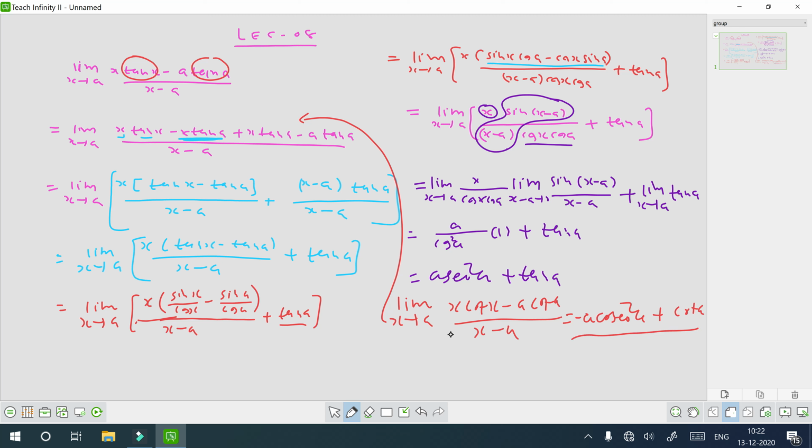This is the answer. Why am I writing the direct answer? That thing we are going to see after completion of differentiation, because almost all sums of limit are also solvable with the help of derivatives. That thing we are going to see later on. Right now we are practicing all the standard forms of limit.